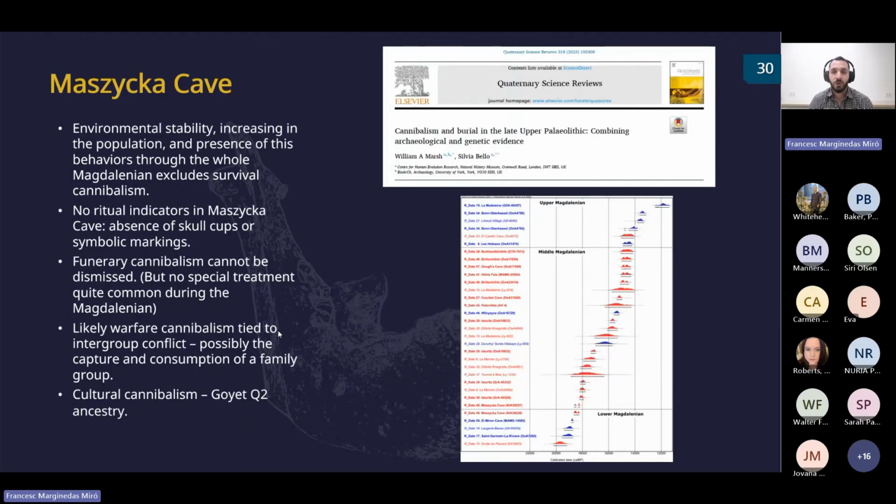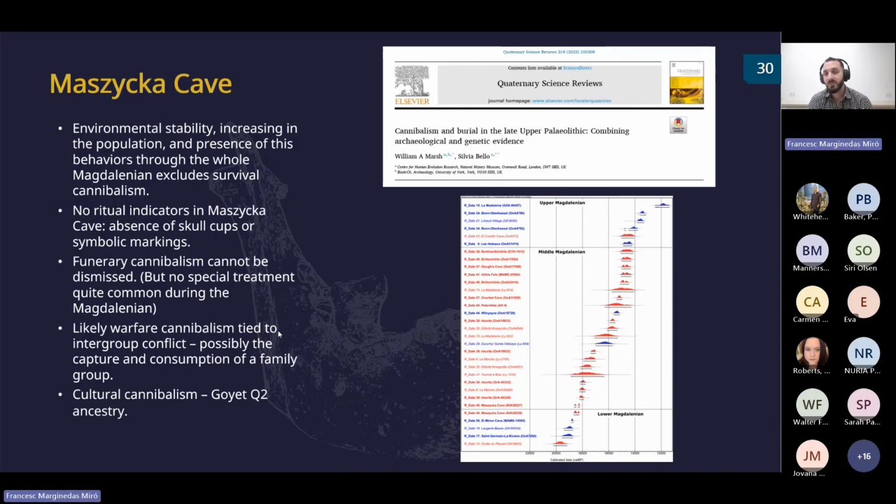So 18,000 years ago in Maszycka, we find ourselves in a post-glacial Europe experiencing population growth and the availability of new areas with resources that would previously have been covered by ice. This improvement and stability would not be consistent with the case of survival cannibalism, and also the fact that we can see cannibalism through the whole Magdalenian period also argues against this survival or critical context.